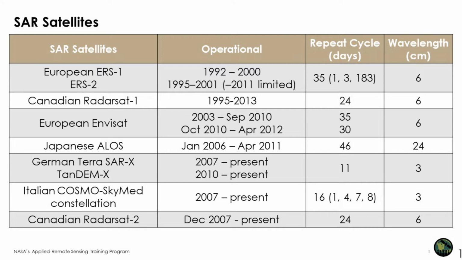There are 2 X-band satellites operated by the German Aerospace Agency, DLR. TerraSAR-X was launched in 2007. And then a second satellite called TanDEM-X was launched in 2010. Those 2 satellites are still operated in orbits very close to each other, so they're able to do single pass interferometry to measure topography, similar to what was done with SRTM.